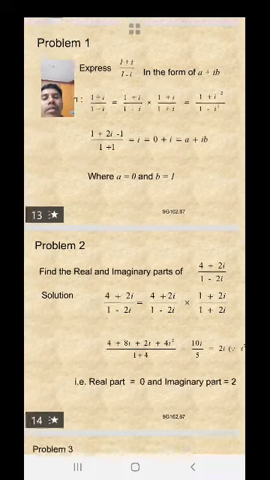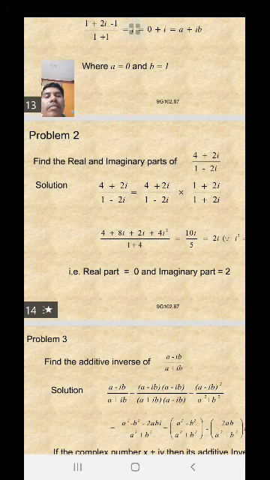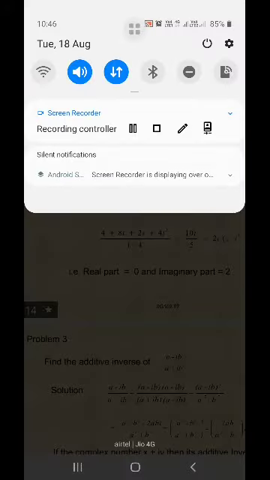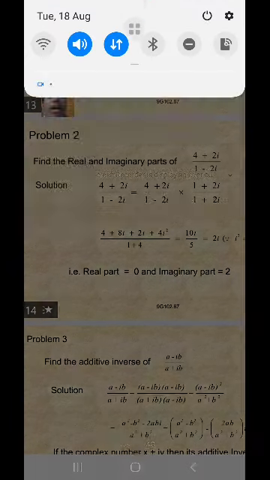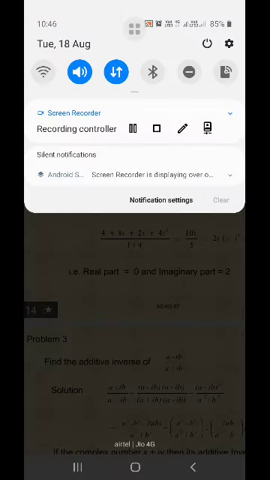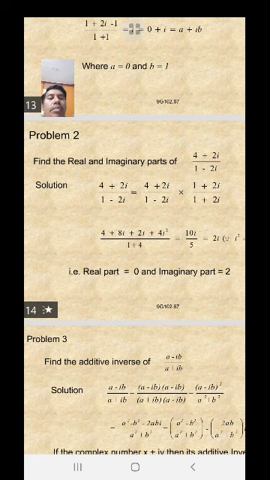Next problem we will see. Find the real and imaginary parts of (4 + 2i)/(1 - 2i).